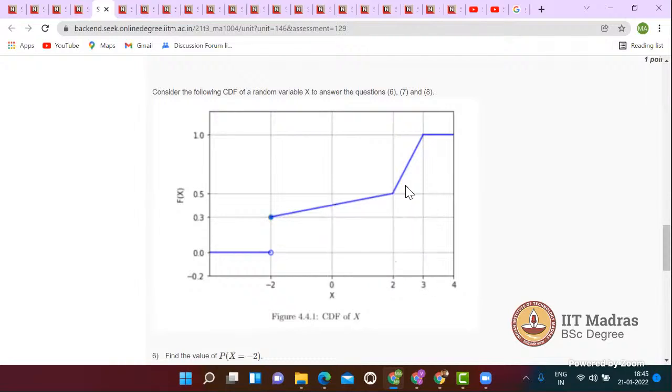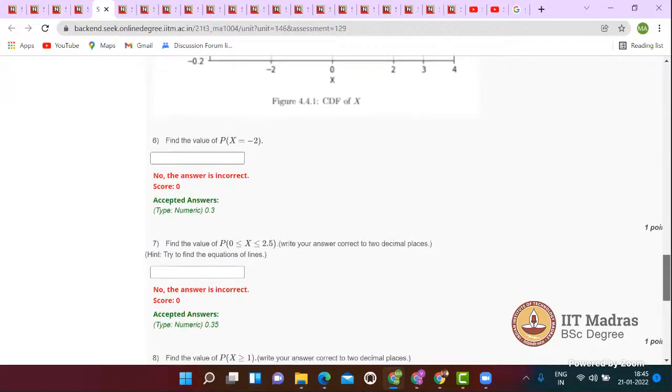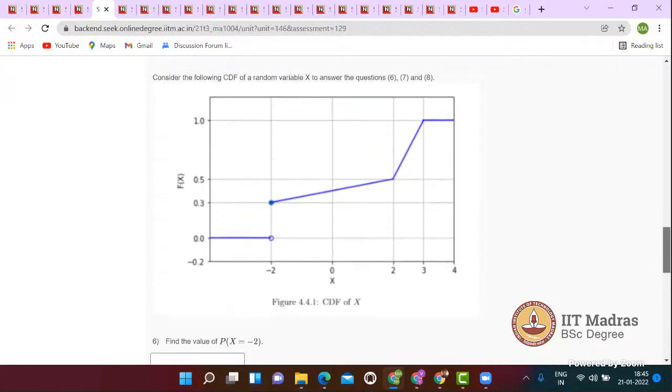And till 2.5, what's the value here? 0.75. So you can directly write 0.75 minus 0.4. That is 0.35.